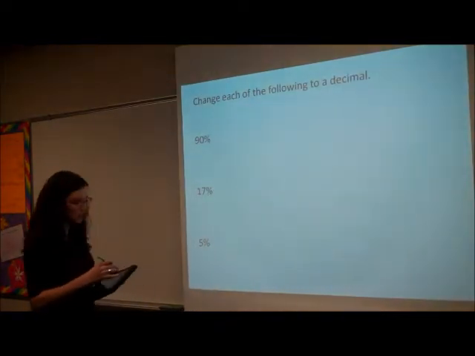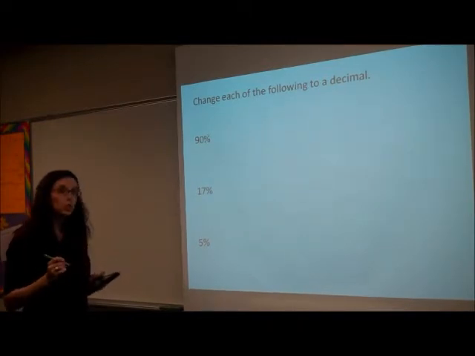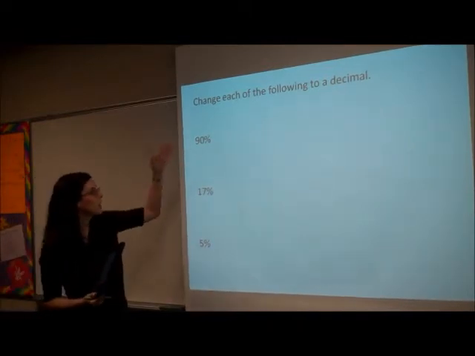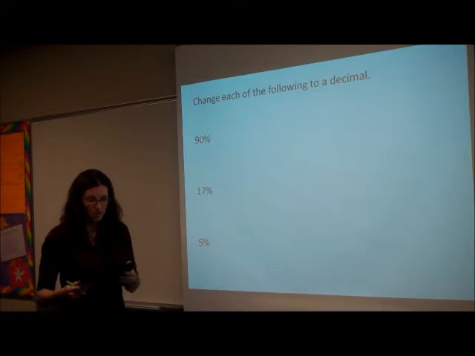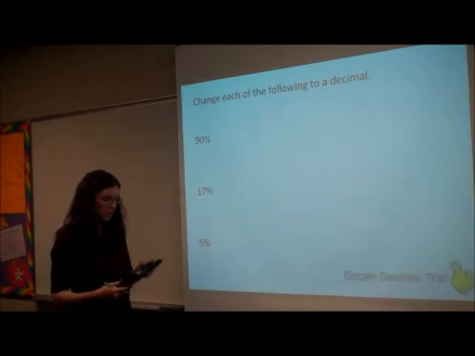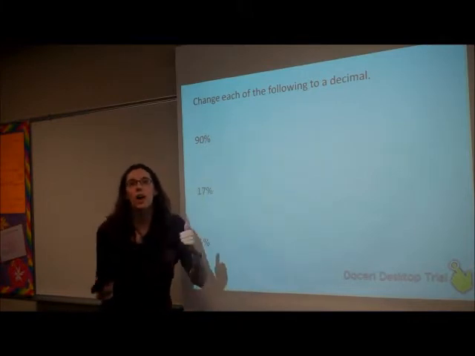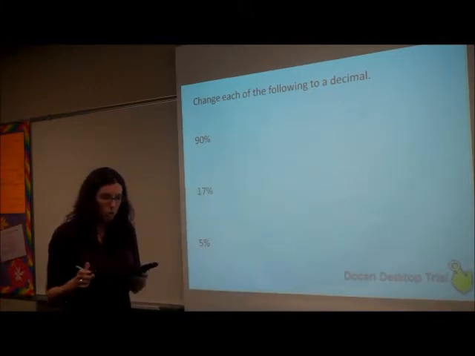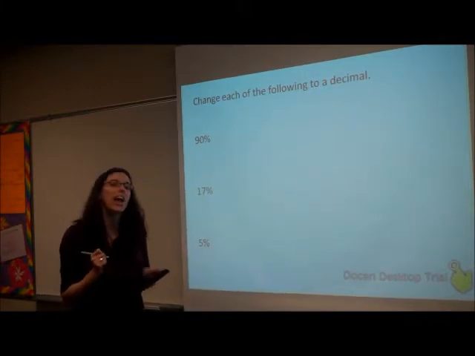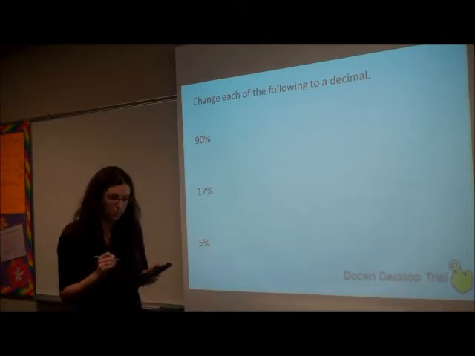So we want to change each of these to a decimal. I have 90%, 17%, and 5%. Remember, to change from a percent to a decimal, we divide by 100. When we divide by 100, we're actually just moving the decimal.